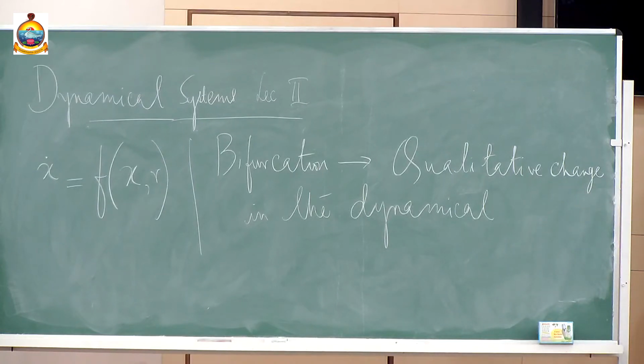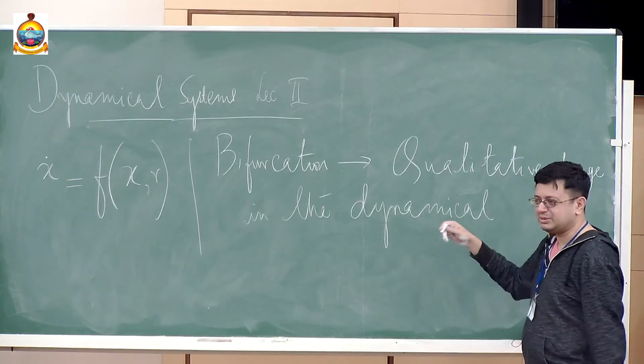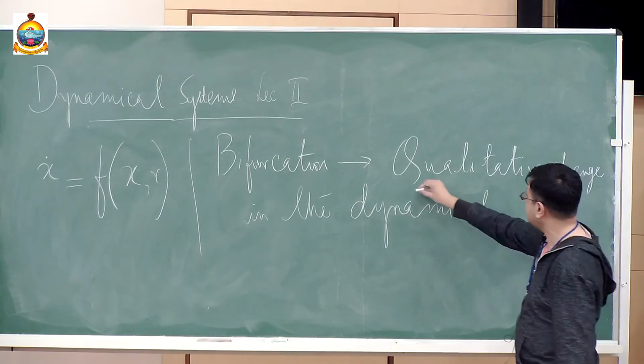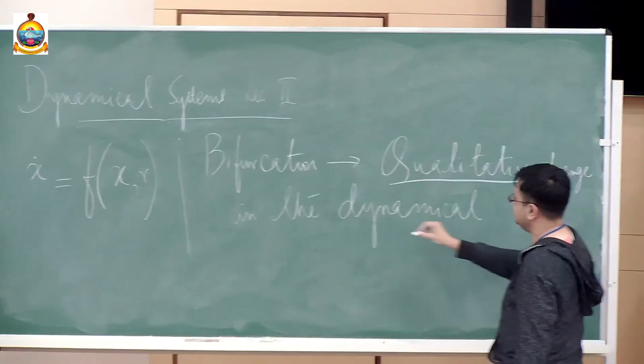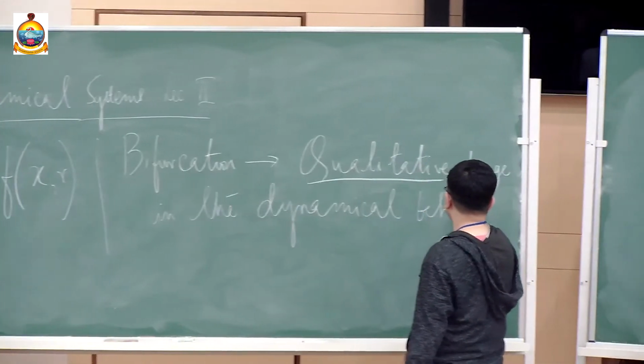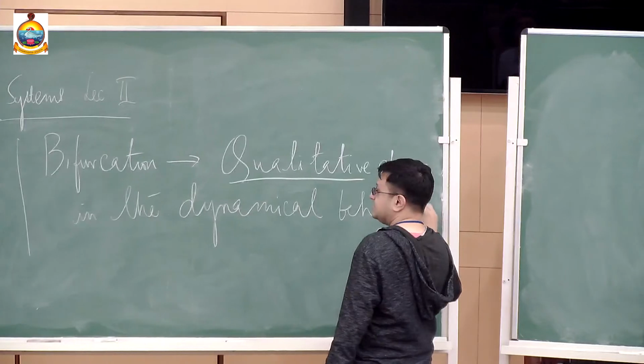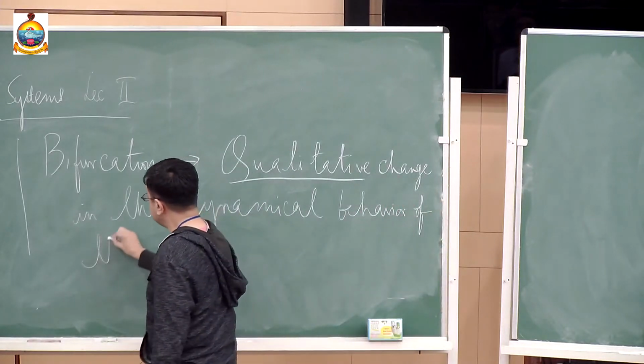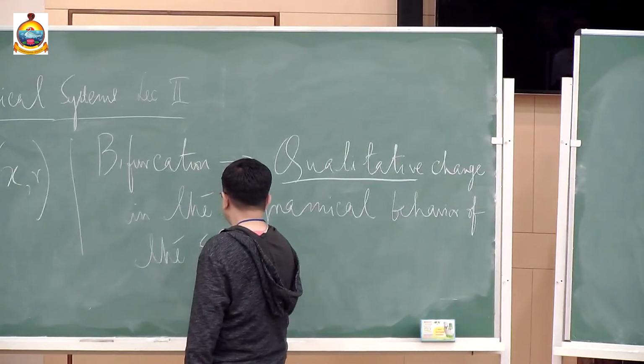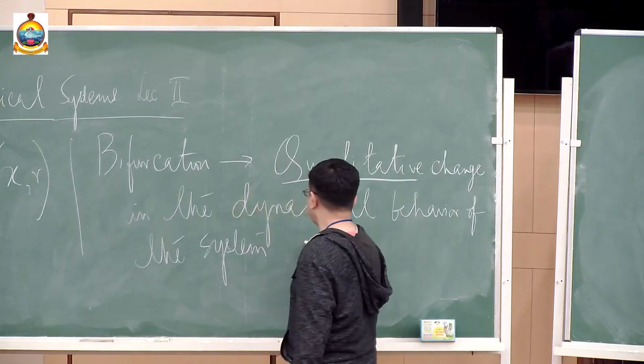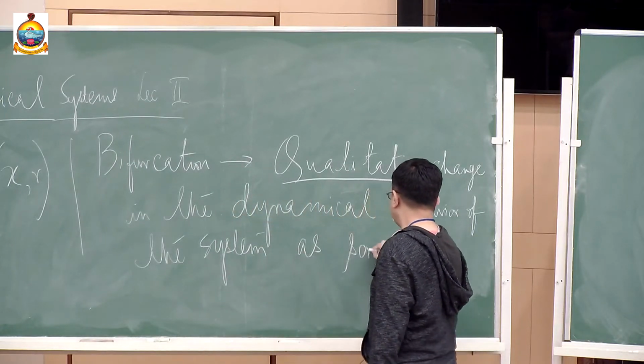Maybe there are more mathematically rigorous definitions. This is just to fix our ideas. So qualitative is the key word: a qualitative change in the dynamical behavior of the system as some dynamical parameters are tuned.